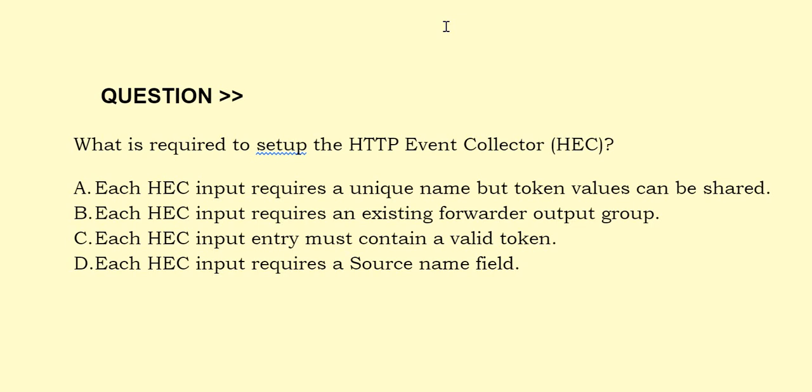What is required to set up the HTTP Event Collector, HEC? Option A. Each HEC input requires a unique name but token values can be shared. Option B. Each HEC input requires an existing forwarder output group. Option C. Each HEC input entry must contain a valid token.